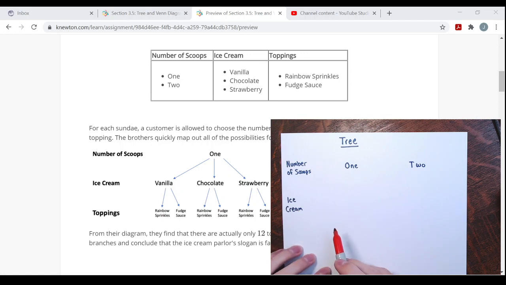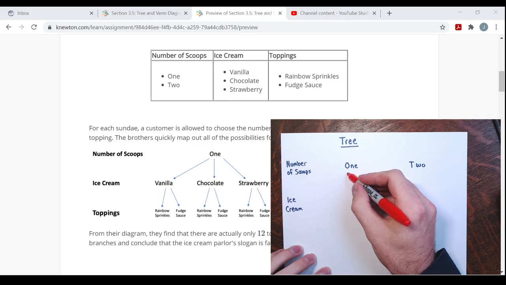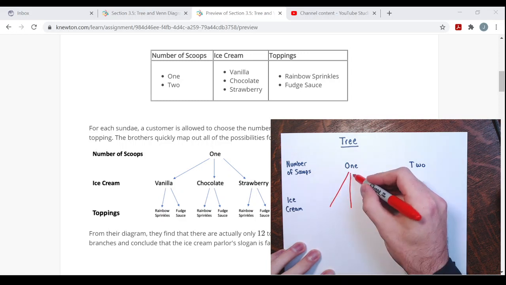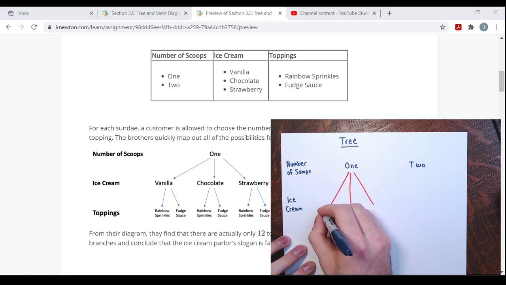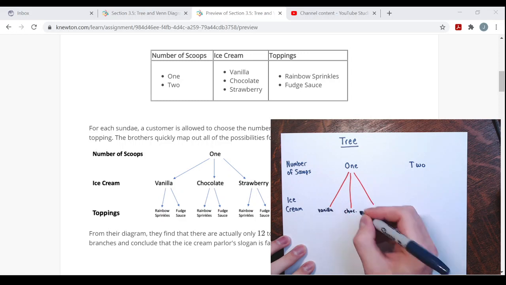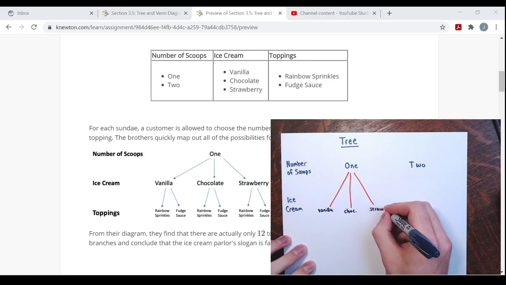So if I chose 1 scoop of ice cream, and then I went to choose what kind of ice cream, I have 3 choices: the vanilla, the chocolate, and the strawberry. So off of this, the word 1 got 3 branches, where you have vanilla, chocolate, which I'll just write as CHOC, or strawberry. And that's on this level with the ice cream.